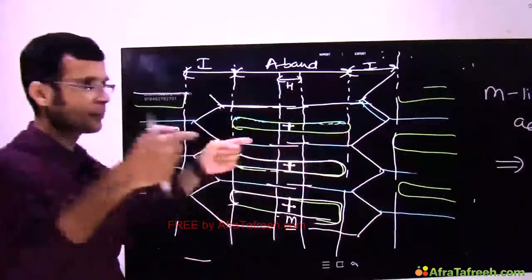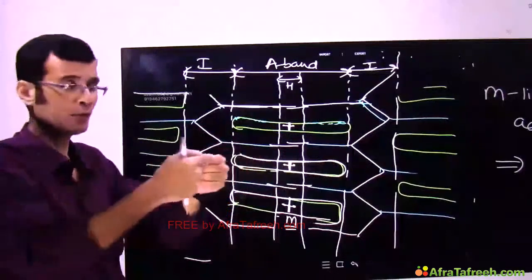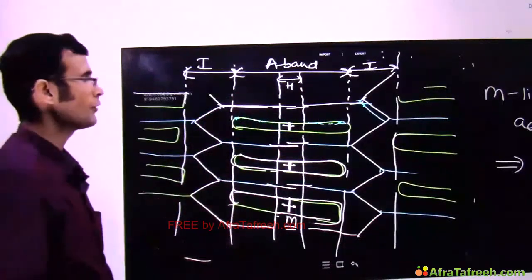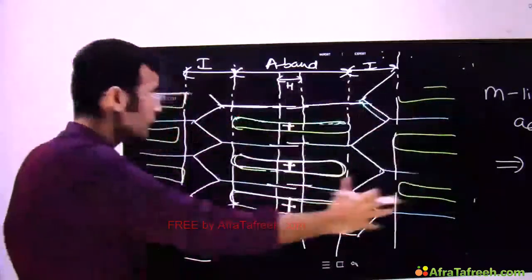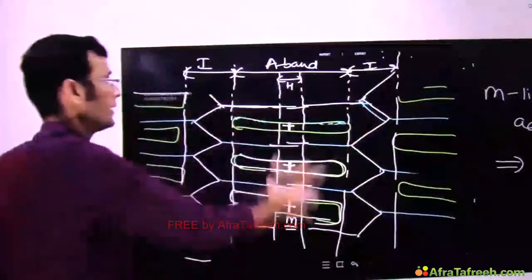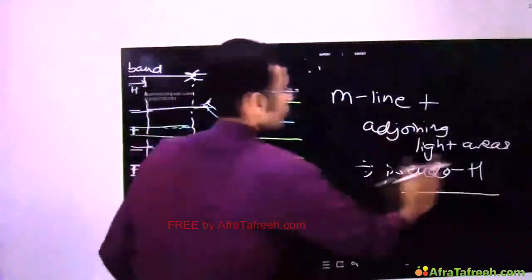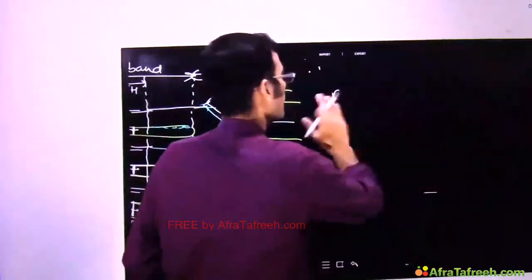The ends of the thin filaments are pulled towards the center of the sarcomere. That's shortening of the muscle. The entire fiber is going to shorten, so all sarcomeres are going to shorten. And these are the changes with contraction and shortening.